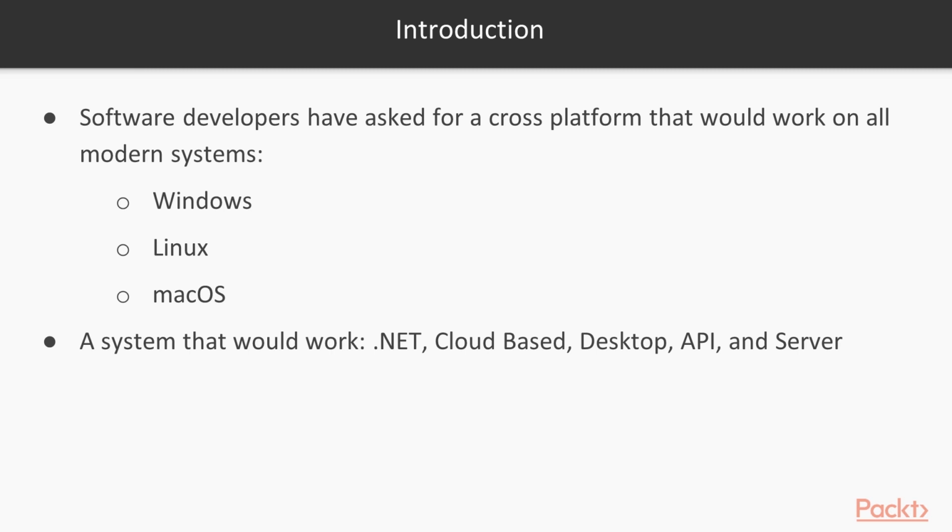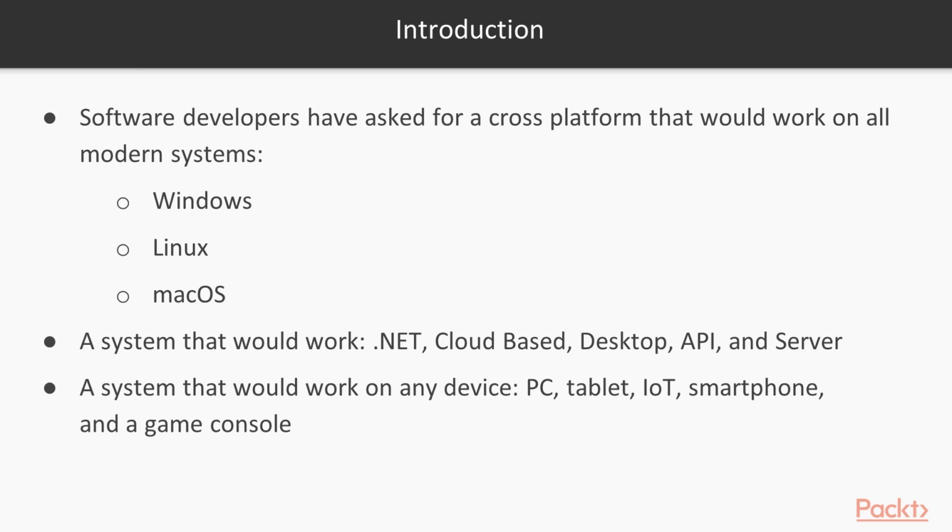They wanted a system that would work in the net or in cloud-based applications, desktop applications, APIs, and as server applications. And developers also wanted systems that would work on any device, whether it was a PC or a tablet or Internet of Things, the IoT, whether it was smartphones or even gaming consoles.